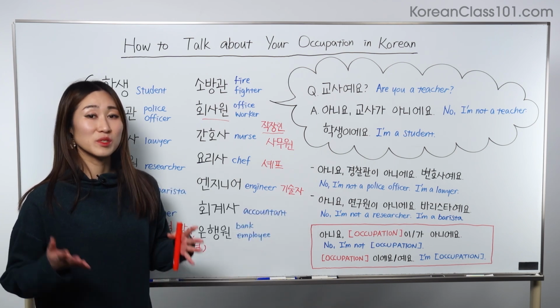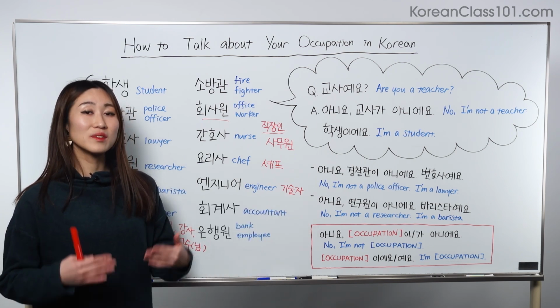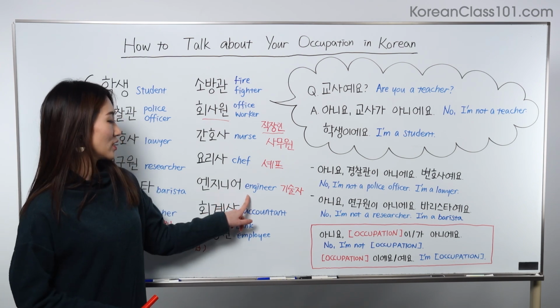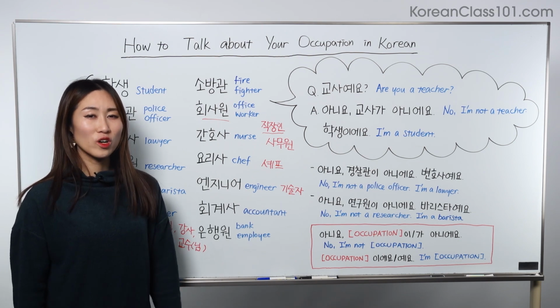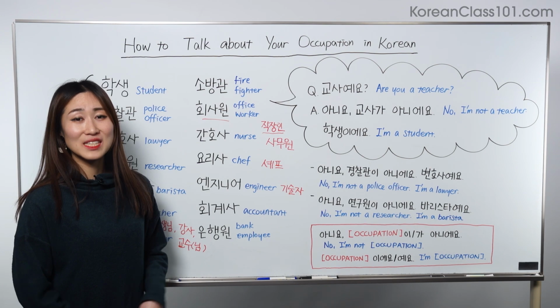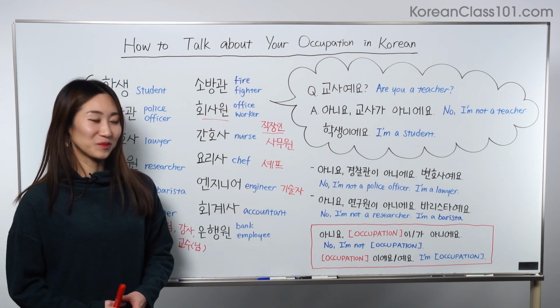So someone who has some specific skill, we call them 기술자. But these days, we often use the word engineer for computer programming and other engineering stuff.